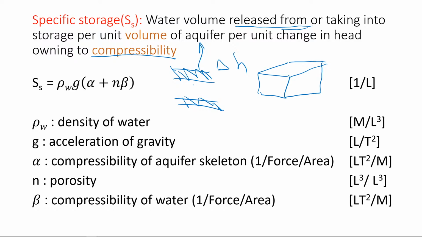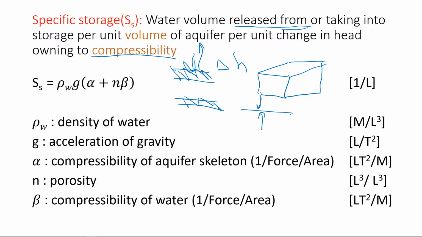Remember Newton's law, balance of force. If from one side you have this load above it, what would be the opposite force, the opposite load? The opposite load would be the support that you get from the rock matrix and the water. Once this load increases, you will start to have compressibility, and once this load decreases, you will start to have expansion.